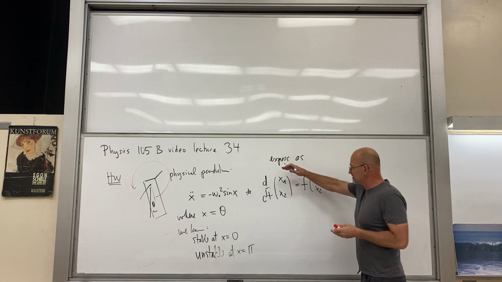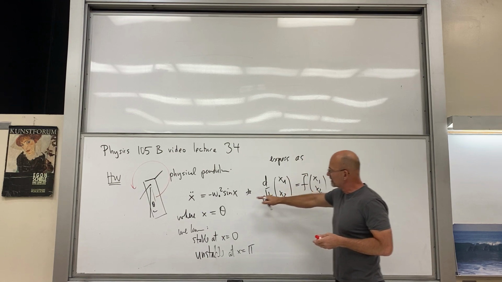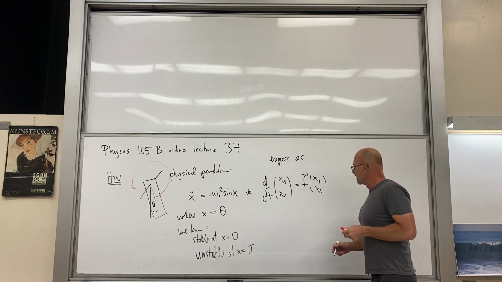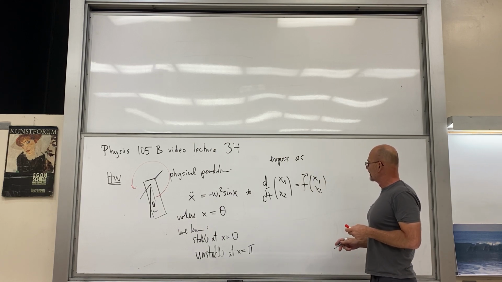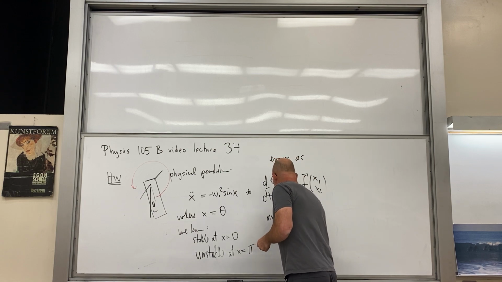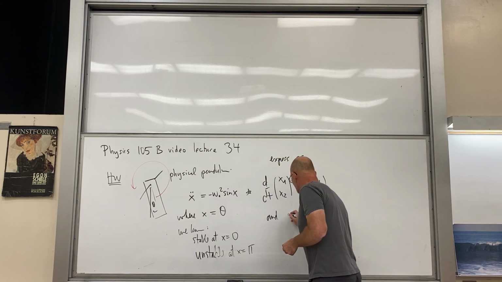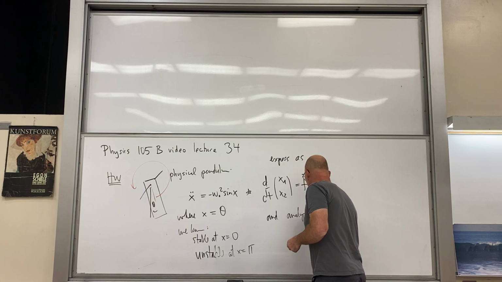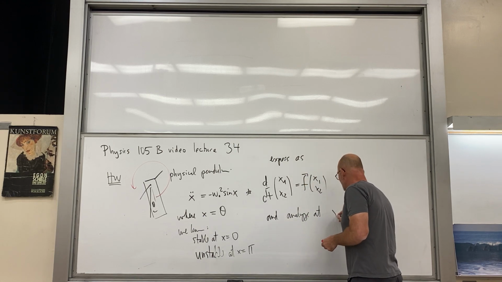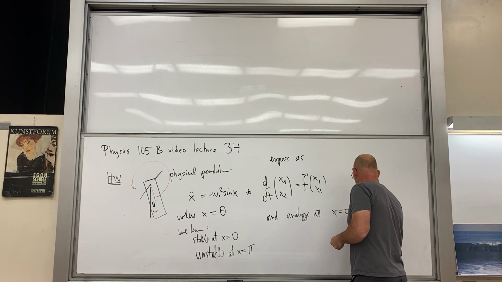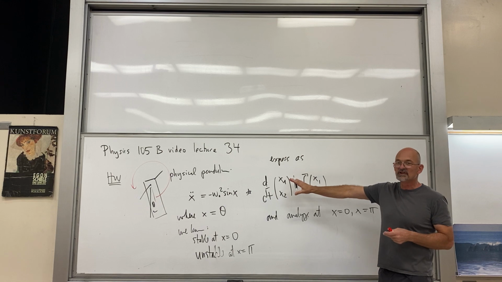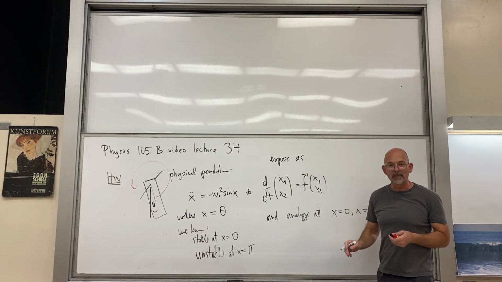So x1 is x, x2 is x dot, and you express it as this and analyze at or around x equals 0 and x equals pi. Of course that analysis is the linearization, and in each case you've got a 2 by 2 matrix.